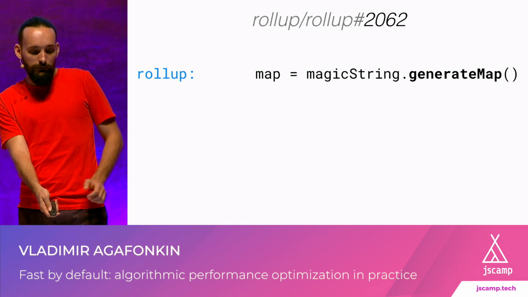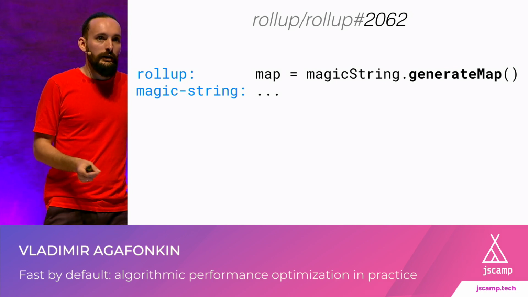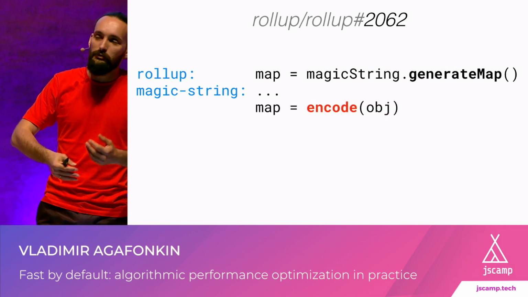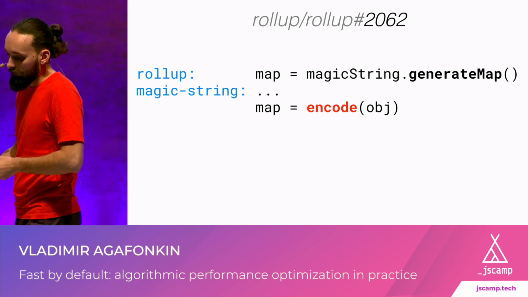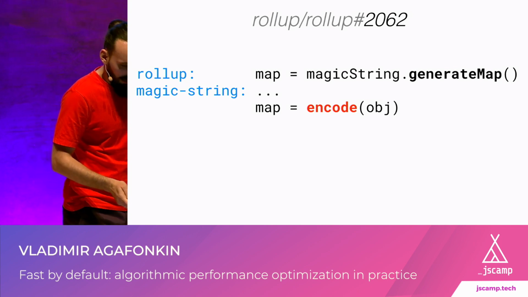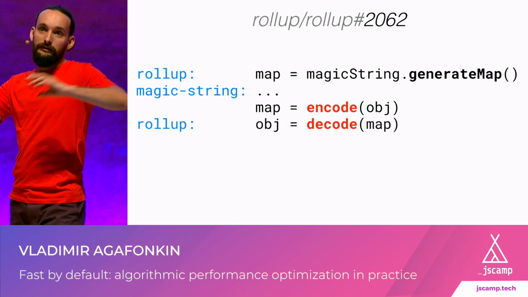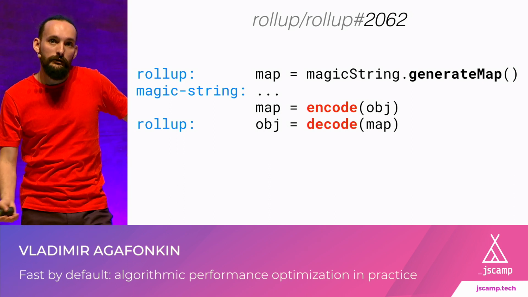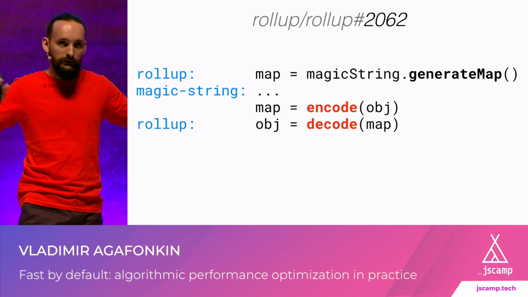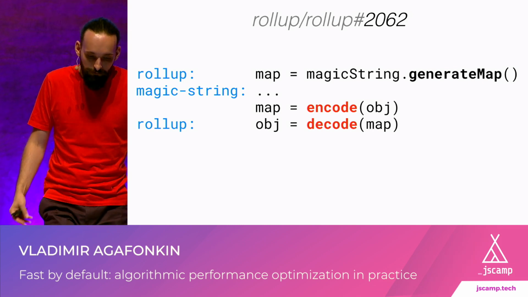So I'm looking at magic string. It does some magic with source maps, generates a JavaScript object that represents the source map, and then it encodes this into this special string form. And then Rollup receives this string, decodes it into a JavaScript object for further manipulation. For example, for merging source maps of different files into one source map.